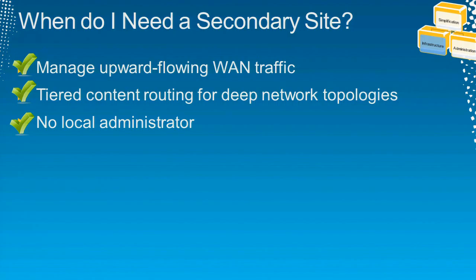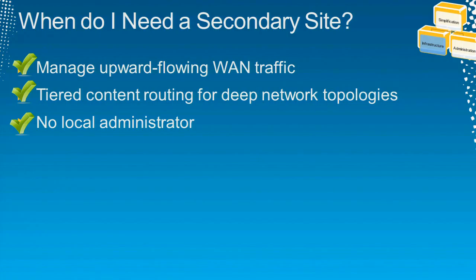So when you install a secondary site, you're installing a management point at that secondary site location, as well as a distribution point, as well as SQL Server. We require SQL Server at secondary sites now. However, we support SQL Server Express, and during the installation of a secondary site, you can tell us to install SQL Server Express for you, which is what my scenario was when I show you my environment here. You can also do tiered content routing.